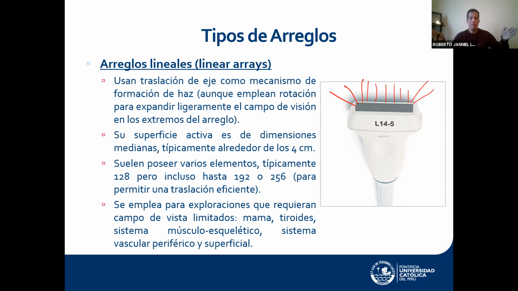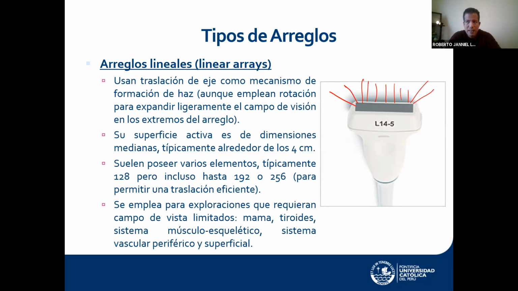You don't make them so big that it becomes impractical, since you cannot place it anywhere, but big enough that you can move your beam left to right. Typically, it has several elements: 128 would be a low end, and it can go up to 256.